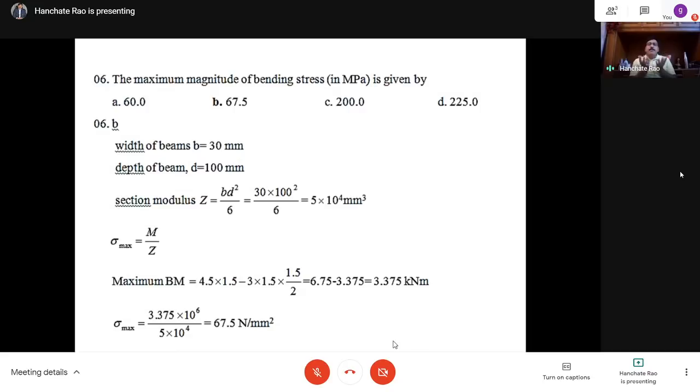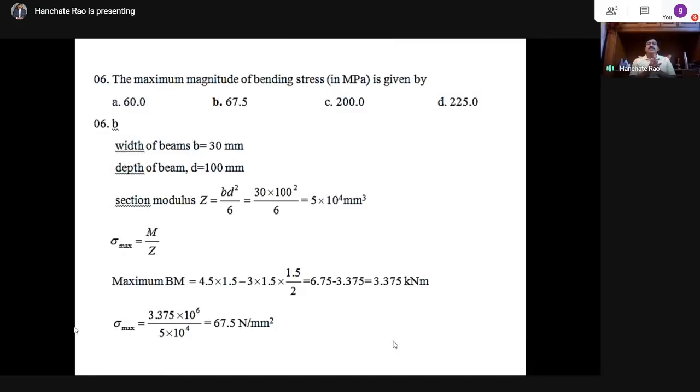You design a beam of uniform strength by varying either width or depth. We can keep the width constant and vary the depth, or keep the depth constant and vary the width. Accordingly, we can design a beam of uniform strength.